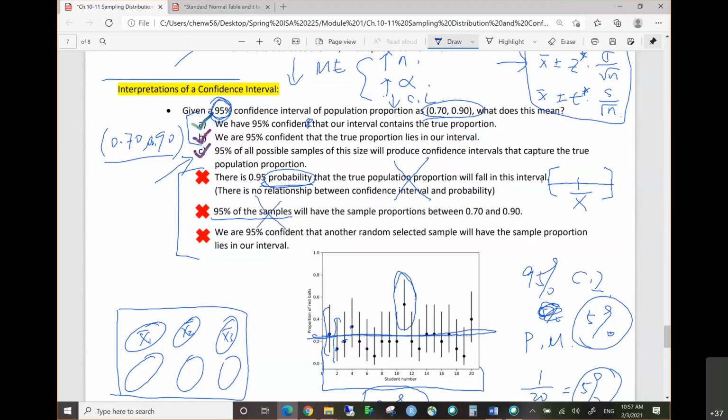Once we have the confidence interval, we always want to know what will happen for the population proportion or the population mean. We never use it to estimate the next sample or another sample. And the last one: we are 95% confident that another randomly selected sample will have the sample proportion lying in our interval. It is not right. We never use our confidence interval for another sample.